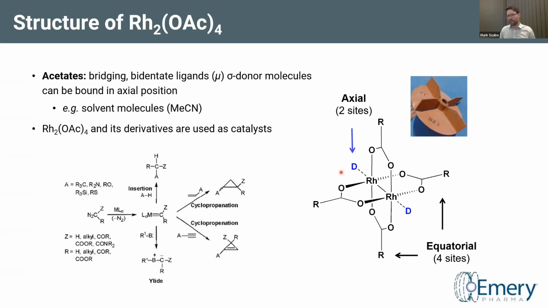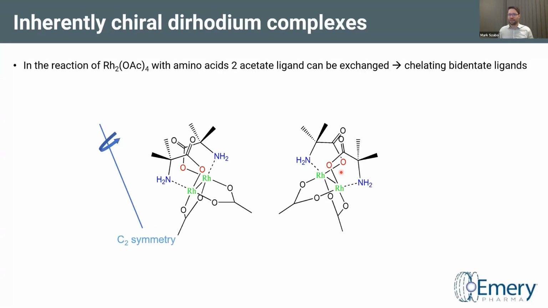So what we did with this dirhodium tetraacetate is that we reacted it with different kinds of amino acids. In this reaction, 2 of the acetate ligands can be exchanged for amino acid ligands. But the acetate ligand was a bridging ligand, while the amino acid coordinates as a chelating ligand. So this is what we call a twisted paddle wheel structure.